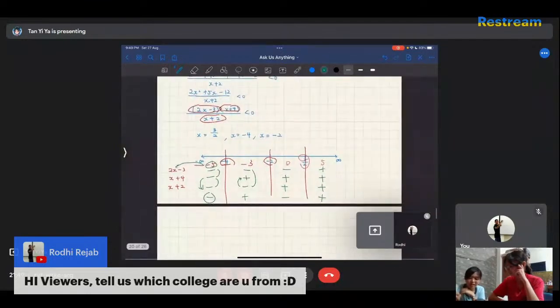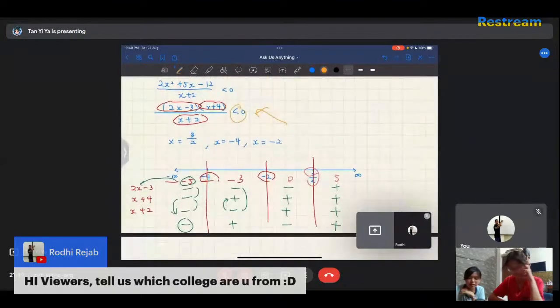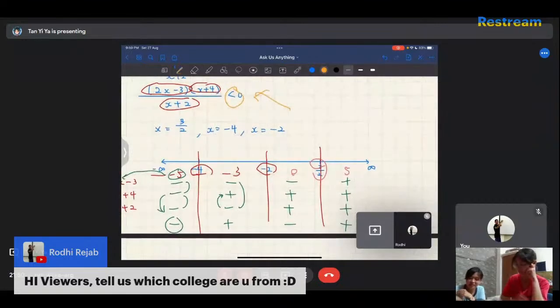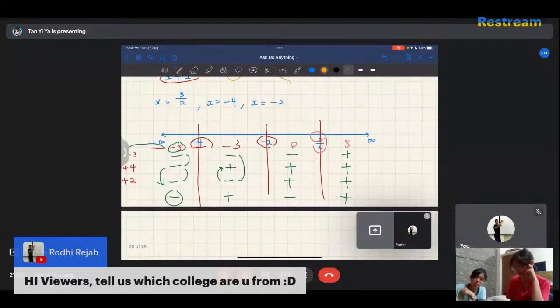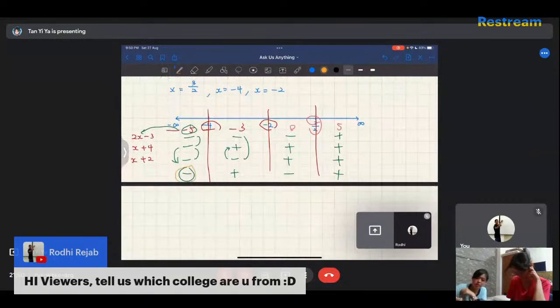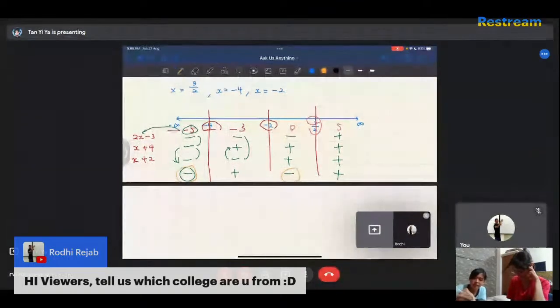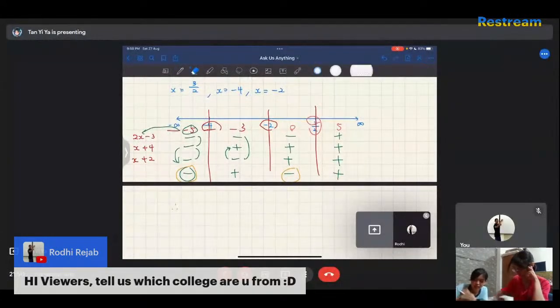Then go back to our first equation at the start. Because it's less than 0, we need a negative value. So choose both of these.